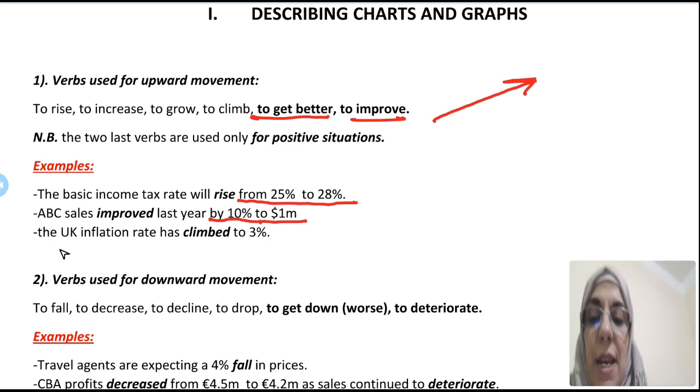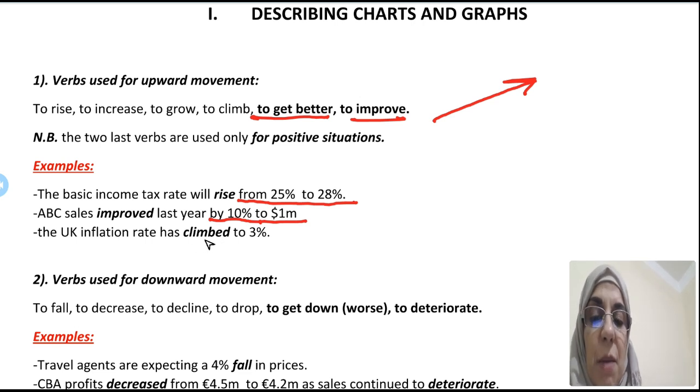Now, the third example, the UK inflation rate has climbed. And notice the pronunciation is climbed. We do not pronounce the b, since the b sound here is silent. So, has climbed to 3%. Why have we used the ed?